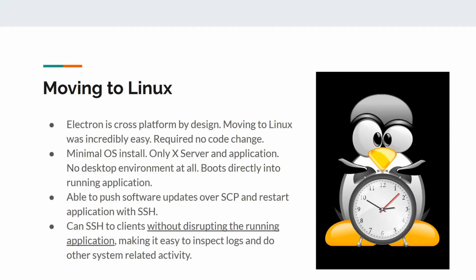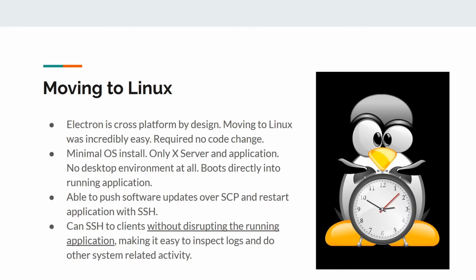So I wanted to see if I could move from Windows to Linux, and it was really pretty easy to get the application moved over because Electron is cross-platform by design. So I did one just to see if I could do it, and it worked out pretty well. And what I did was just a minimal OS install. I did Ubuntu with like nothing, the minimum install.